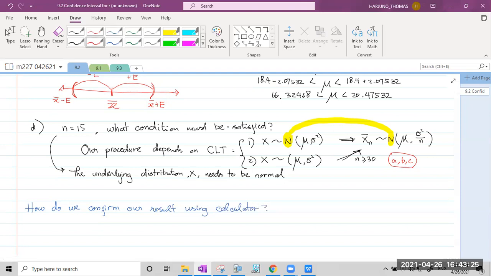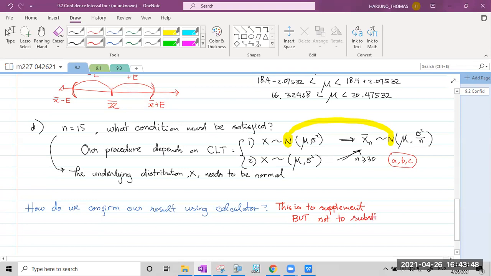Now remember that this is to supplement, if you want to check if your work is correct or not, but not to substitute what I teach you.